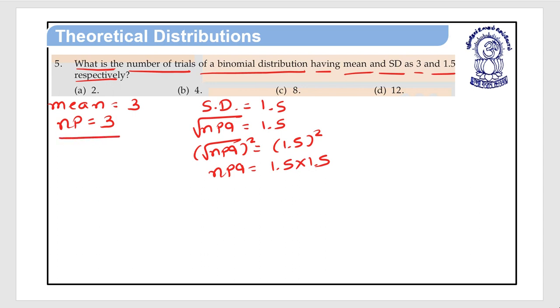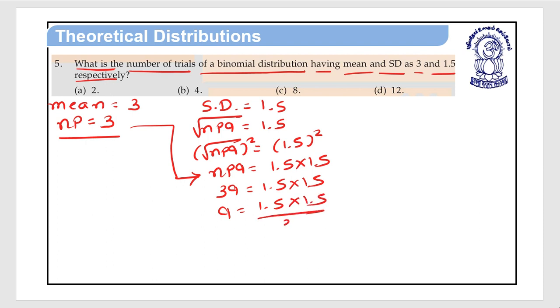So npq is 1.5 into 1.5. Here np is equal to 3, use it in this formula. 3q is equal to 1.5 into 1.5. So q is equal to 1.5 into 1.5 divided by 3. 3 5s are 15, 15 5s are 75, so q is equal to 0.75.